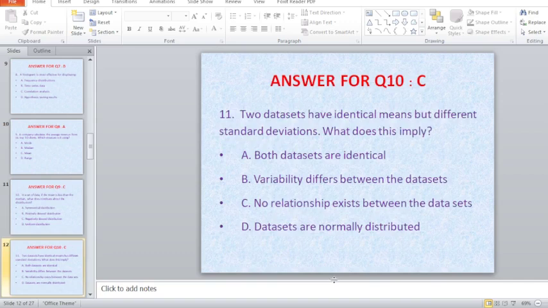Question number 11. Two data sets have identical means but different standard deviations. What does this imply? A. Both data sets are identical. B. There is a variability difference between the data sets. C. No relationship exists between the data sets. D. Data sets are normally distributed.